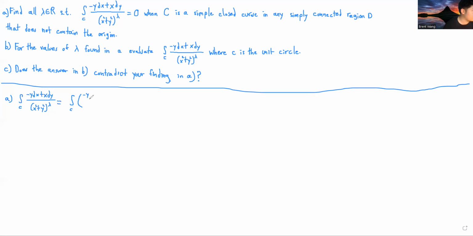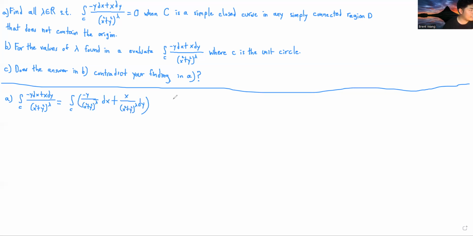Negative y over x squared plus y squared to the power of lambda dx plus x over x squared plus y squared to the power of lambda dy.